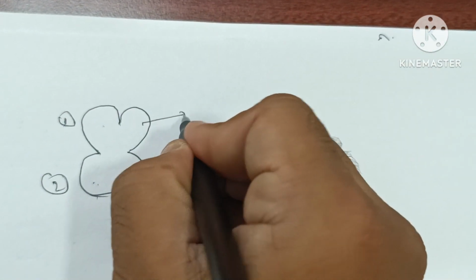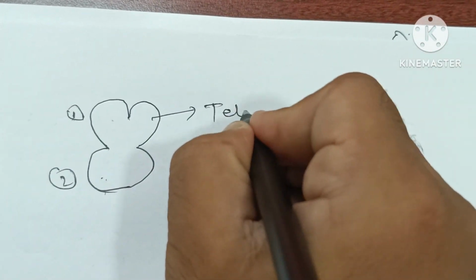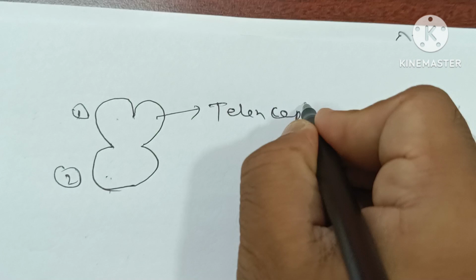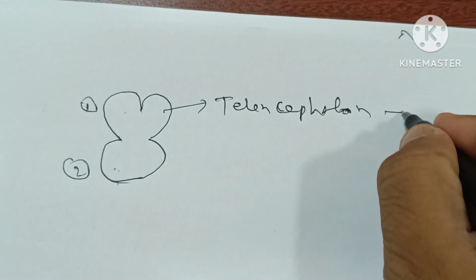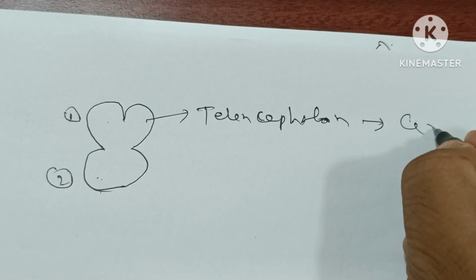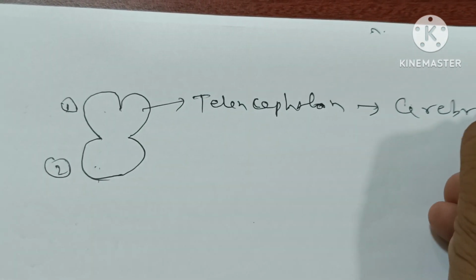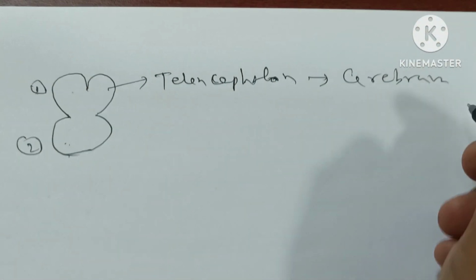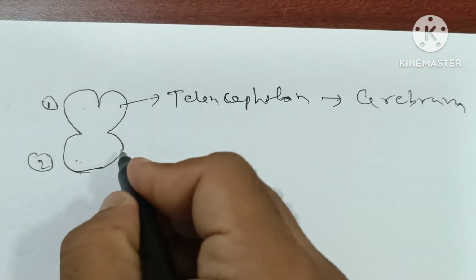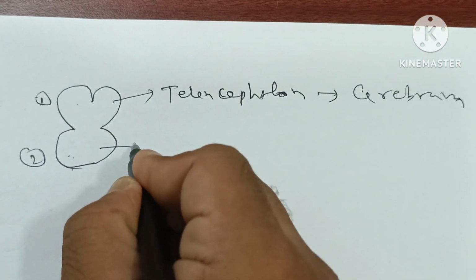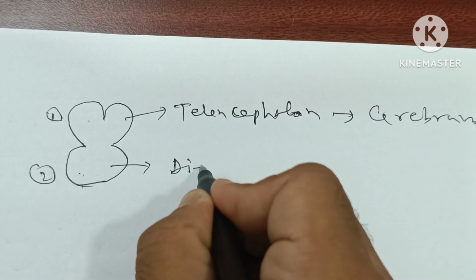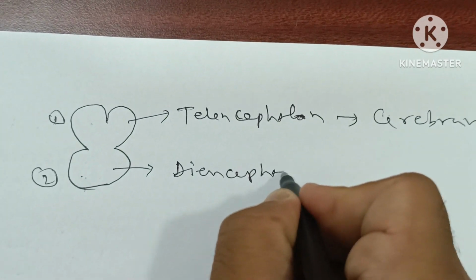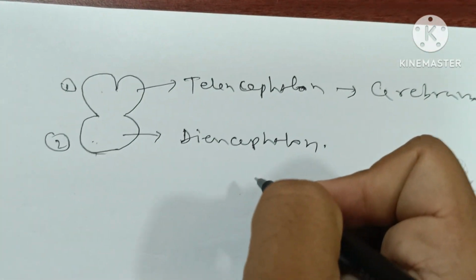The first one is called the telencephalon, and this telencephalon will develop further to form the cerebrum. And this secondary brain vesicle is called the diencephalon.